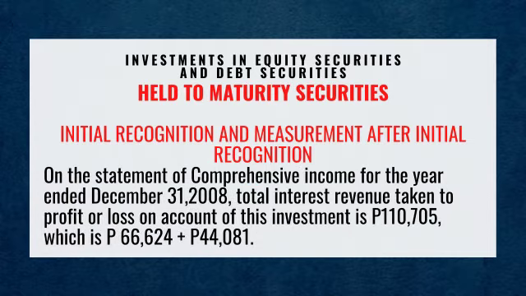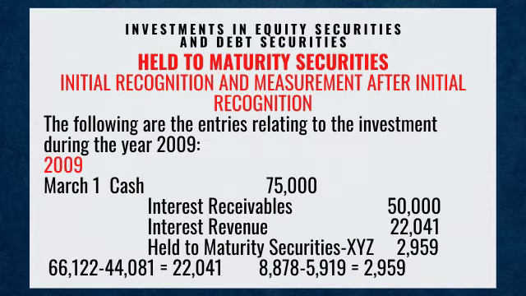On the Statement of Comprehensive Income for the year ended December 31st, 2008, total interest revenue taken to profit or loss on account of this investment is 110,705 pesos, which is 66,624 pesos plus 44,081 pesos. The following are the entries relating to the investment during the year 2009.